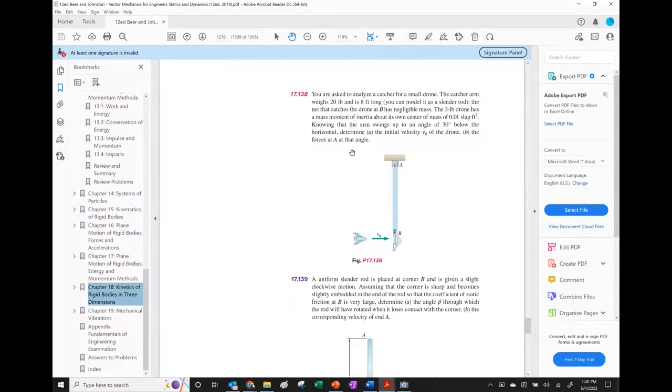Knowing that the arm swings up to an angle of 30 degrees below the horizontal, determine the initial velocity and the forces at that angle. That last part's an interesting thing.